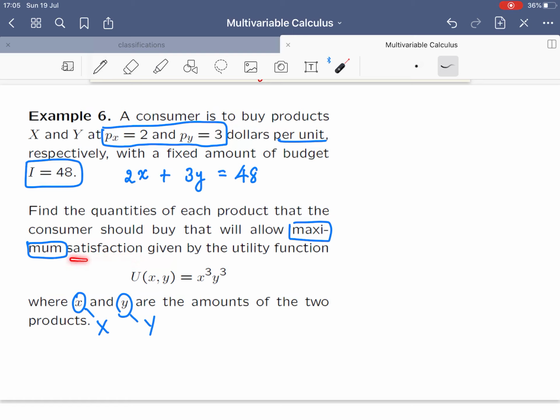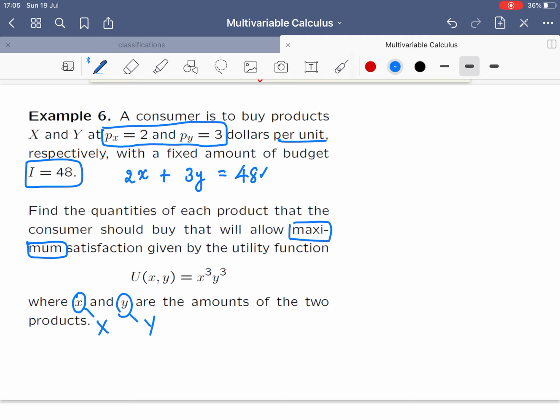The satisfaction is measured by the so-called utility function, and this is the utility function: capital U depends on x cubed and y cubed, just like this. So it is again the problem of finding a maximum under this constraint.